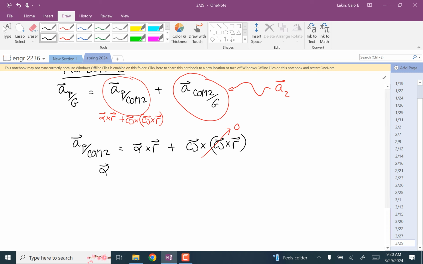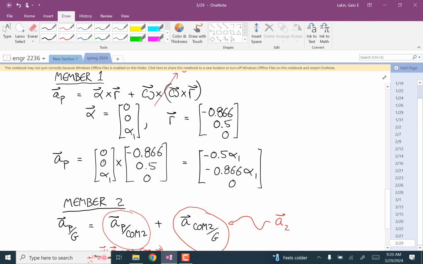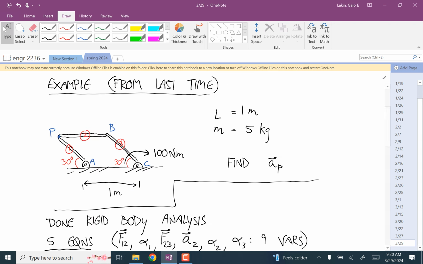Our alpha vector is 0, 0, alpha 2. And R goes from the center of the circular motion to the point we care about. Well, in this case, the center of our circular motion is the center of mass of body 2.